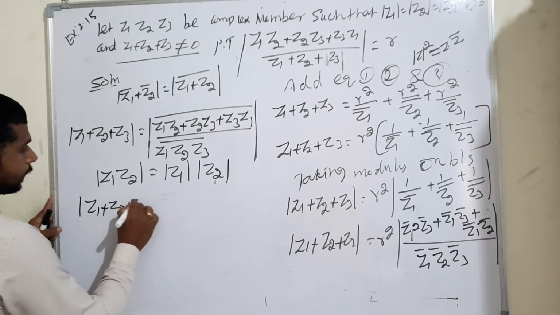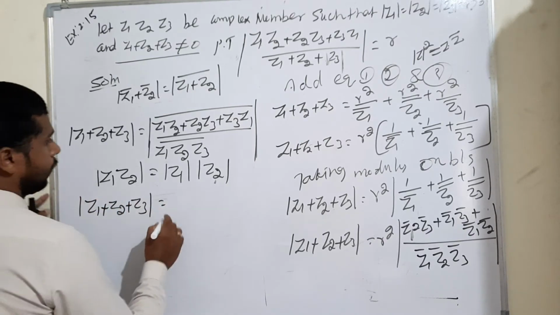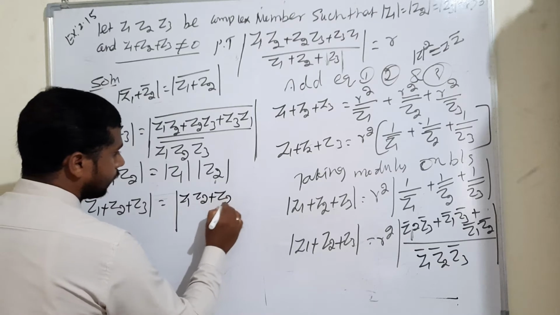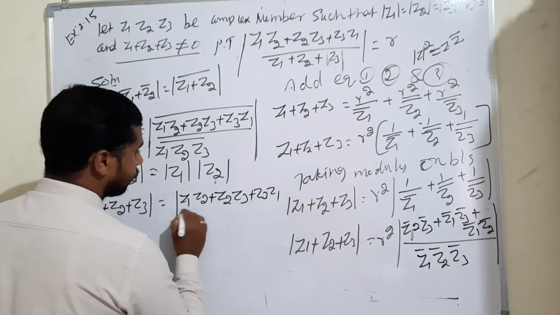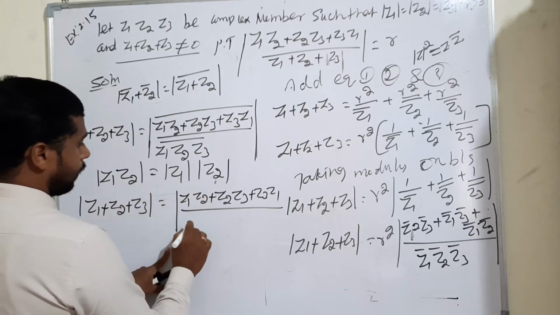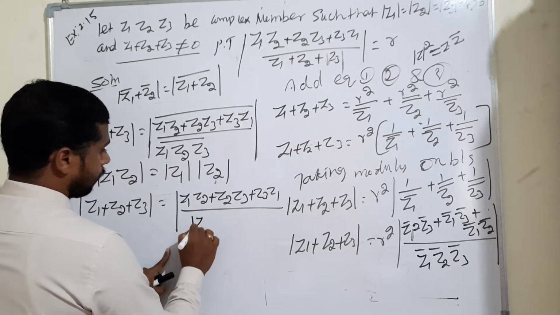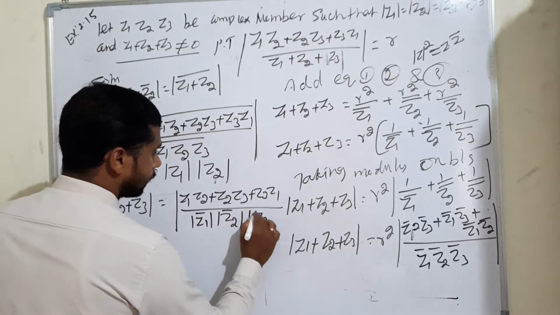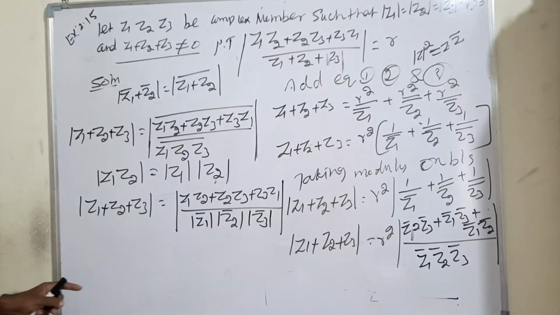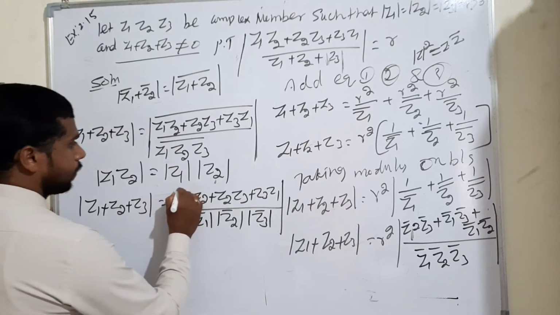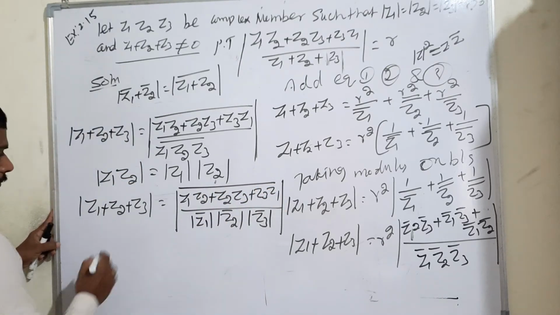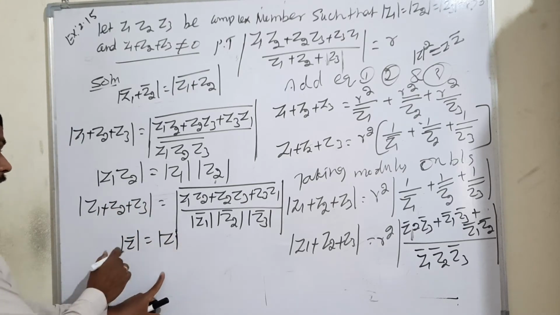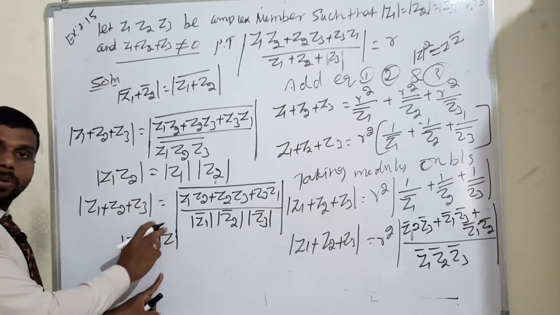Z1 plus Z2 plus Z3 is equal to Z1 Z2 plus Z2 Z3 plus Z3 Z1 divided by modulus of Z1, modulus of Z2, modulus of Z3 bar. Now listen very carefully. This is actually the whole bar, isn't it? Again another property: modulus of Z bar is equal to modulus Z without the bar.